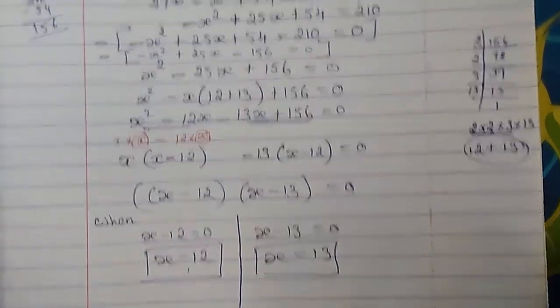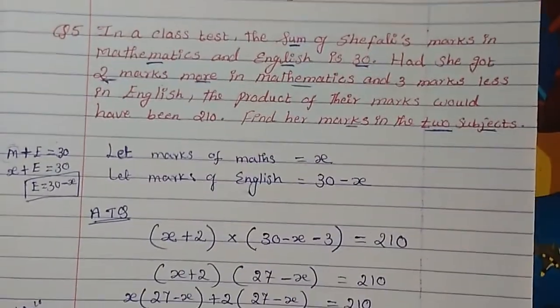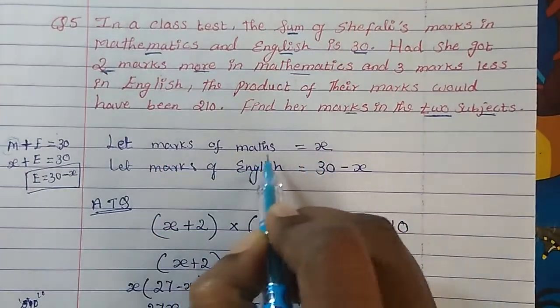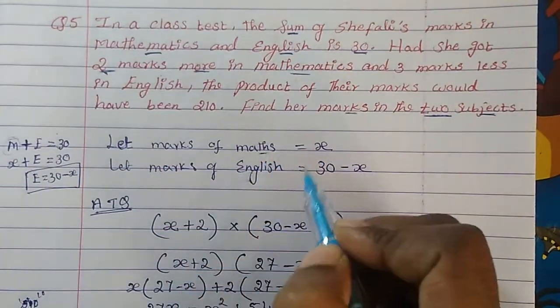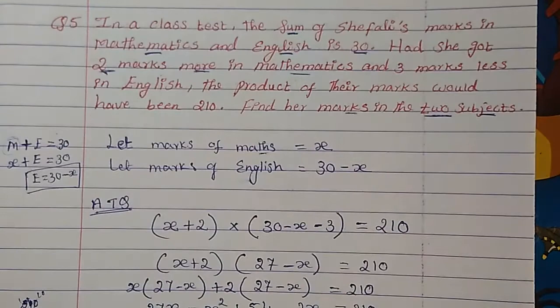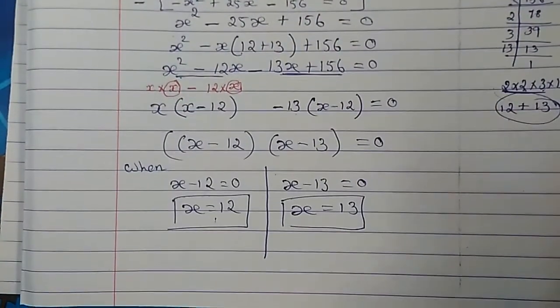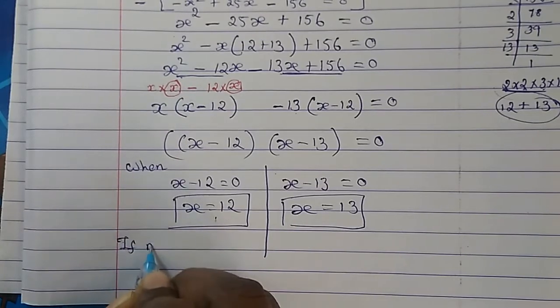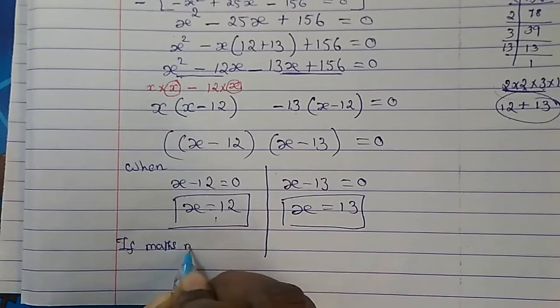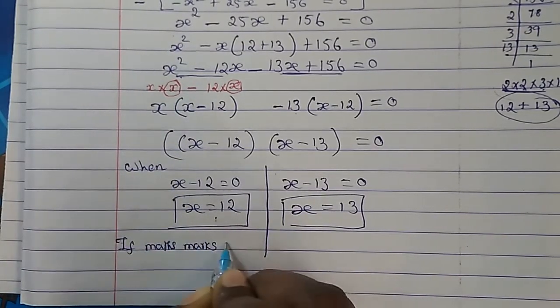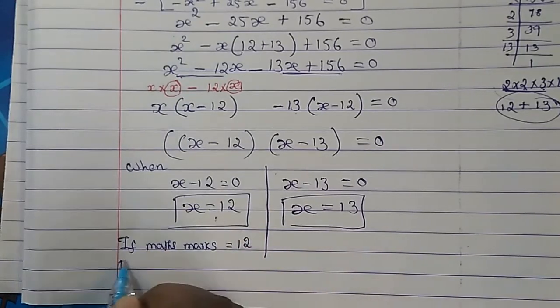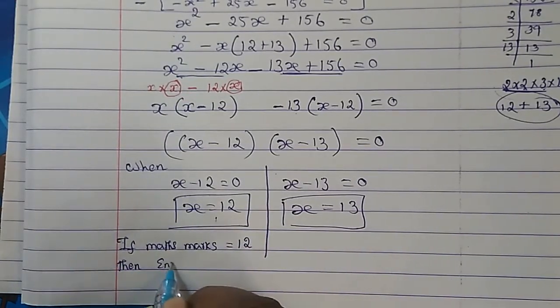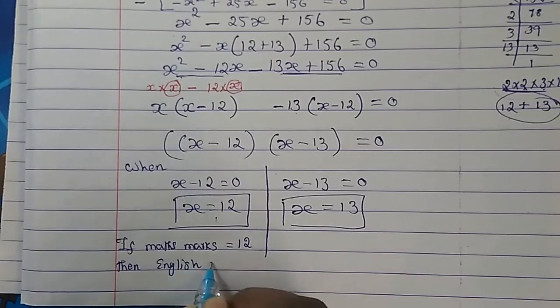So here x is what actually? X we have taken as maths marks. But we have got two values of x. So what will we do? We have to write the answer like this. If maths marks are 12, then English will be how much?